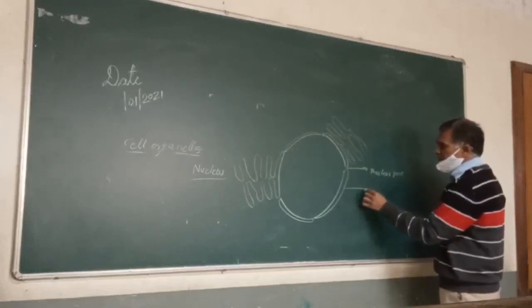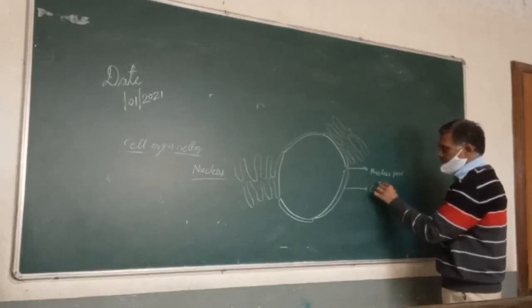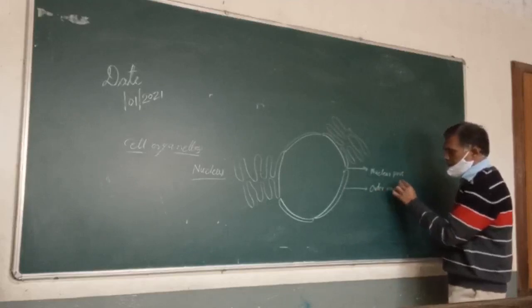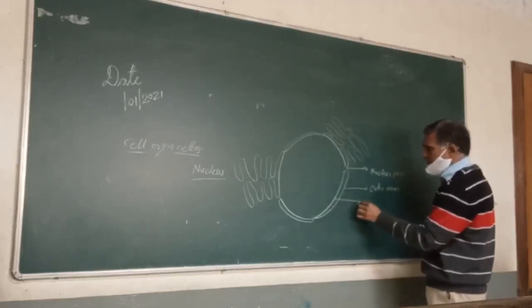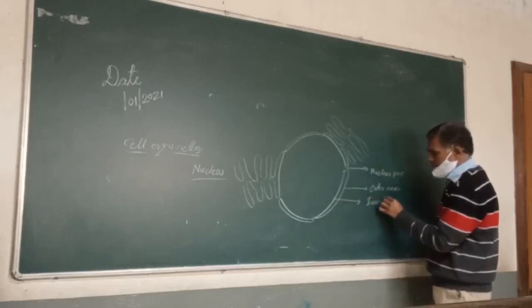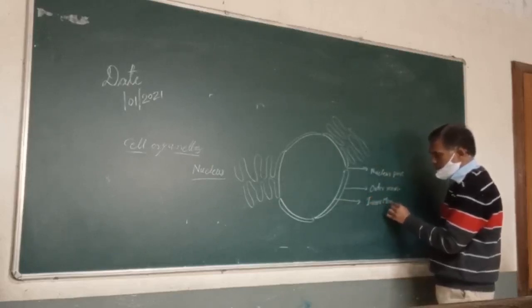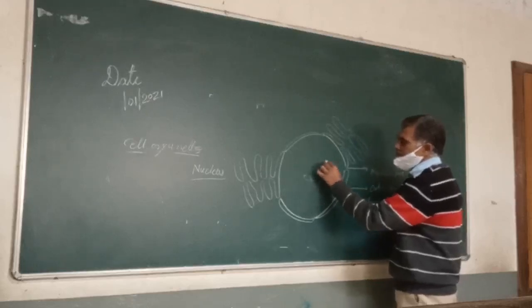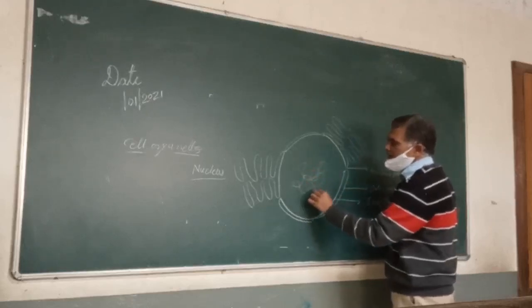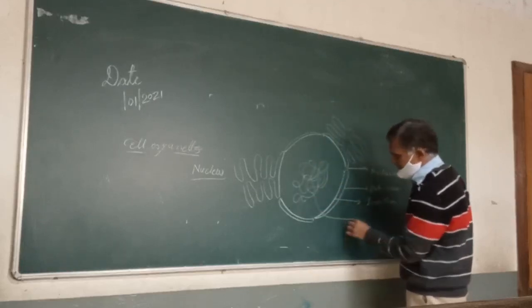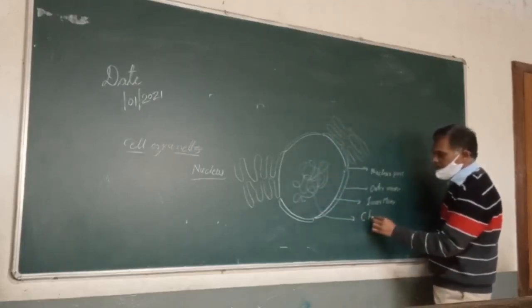This is the outer membrane, and this one is the inner membrane. Inside the nucleus, a fiber-like structure is there, known as chromatin fiber.